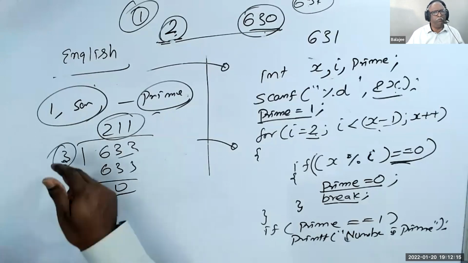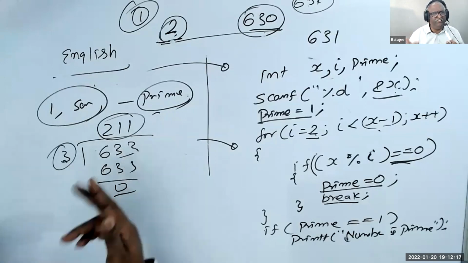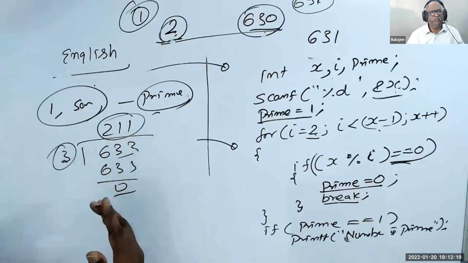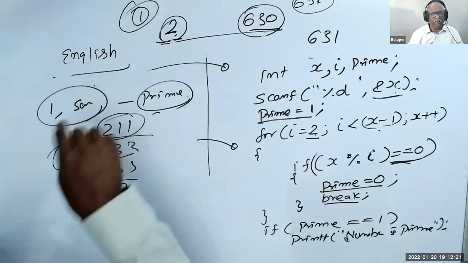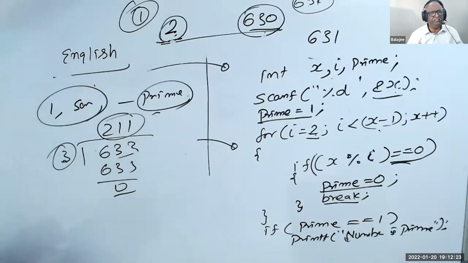Then you will not proceed to 5, 6, 7. The moment it's divisible by one factor other than 1 and that number, you know it's not a prime. Same thing I've done here, break. You don't wait until the last number.